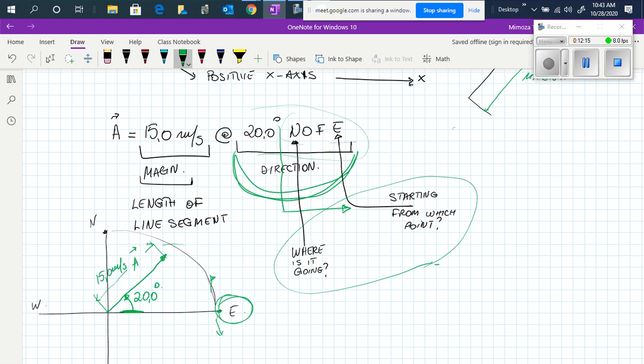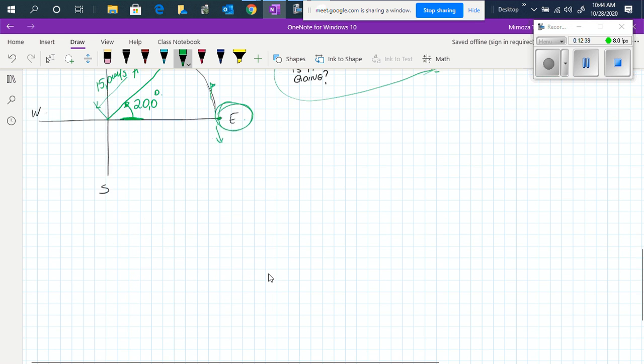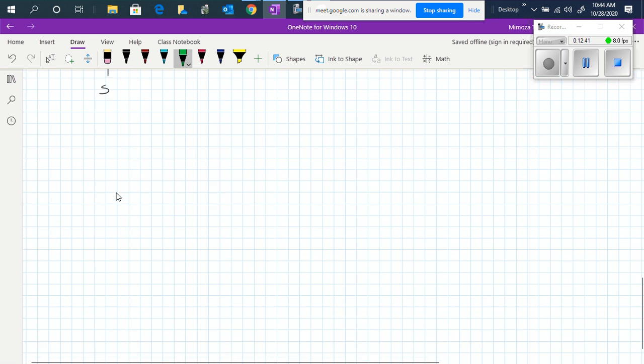Okay, sometimes this is confusing to students, and it is important to solidify this knowledge in any way that makes sense to you. It doesn't really matter which way. Either this one, or you say, oh, I'm standing at east here, and I'm going north of east at 20 degrees.